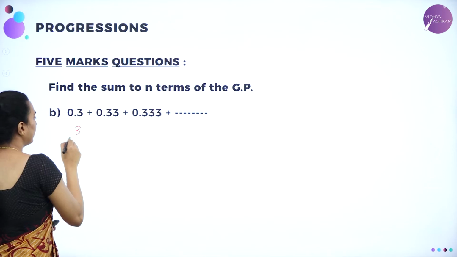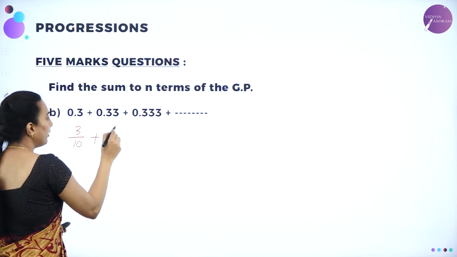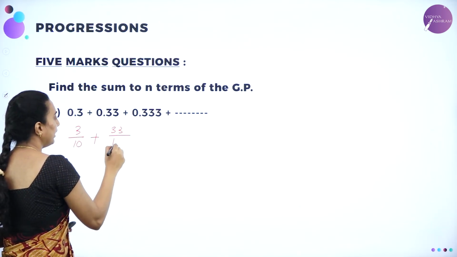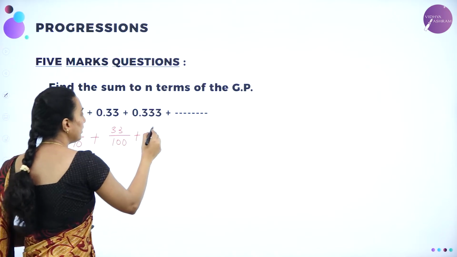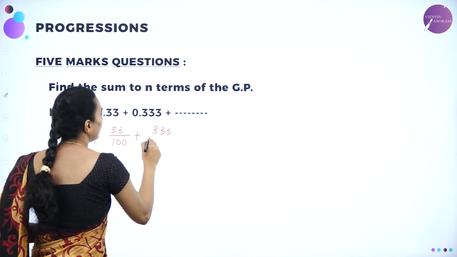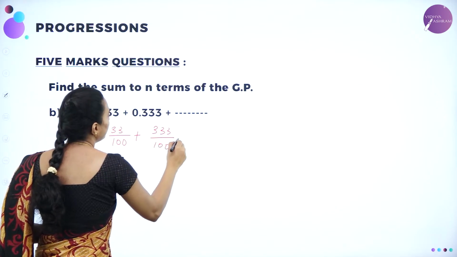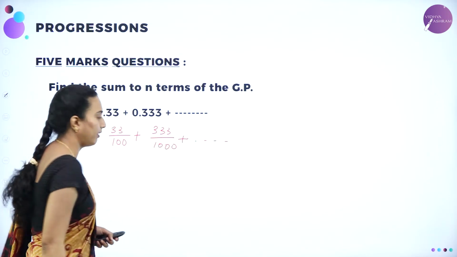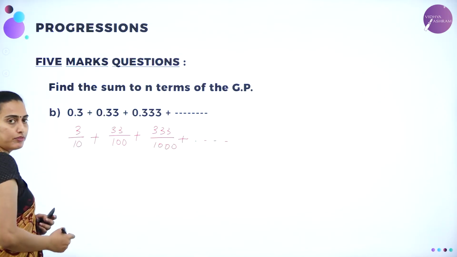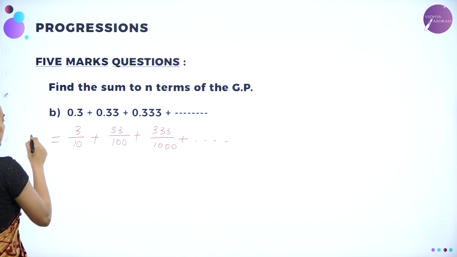What is 0.3? 3 by 10. Correct? Plus 0.33, 33 divided by 100, plus 0.333, 333 divided by 1000, and it will move as it is. You can take 3 as a common factor here, which is nothing but the Sn.